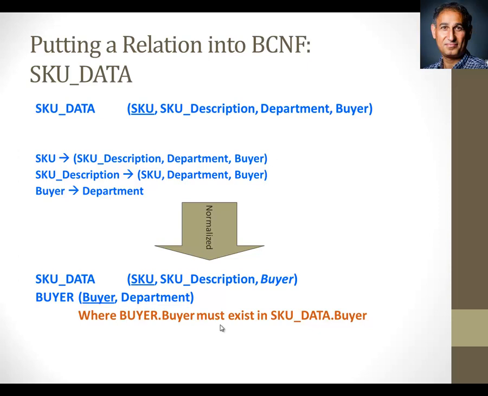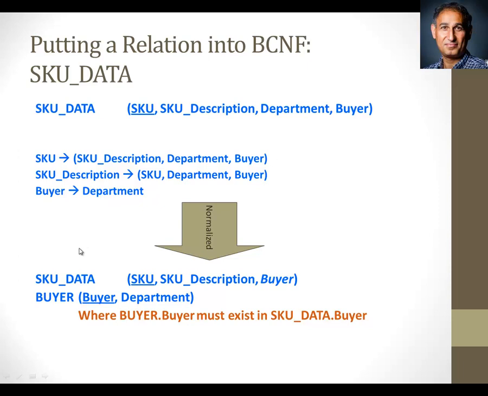Once we have the functional dependencies, SKU as a determinant can determine SKU description, department, buyer. SKU description can determine SKU, department, buyer. Buyer can determine department.